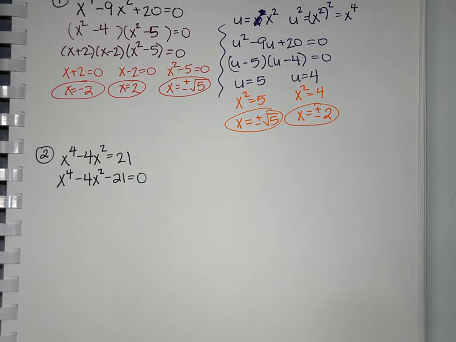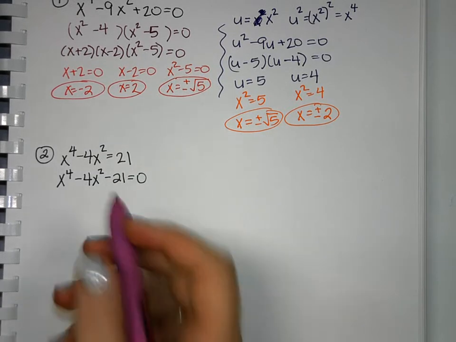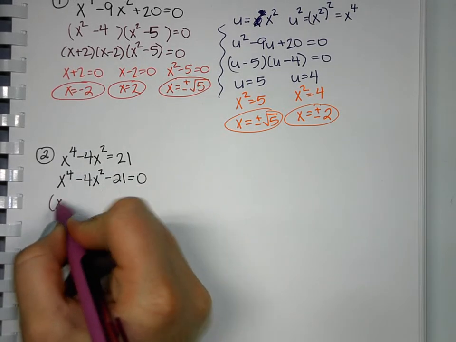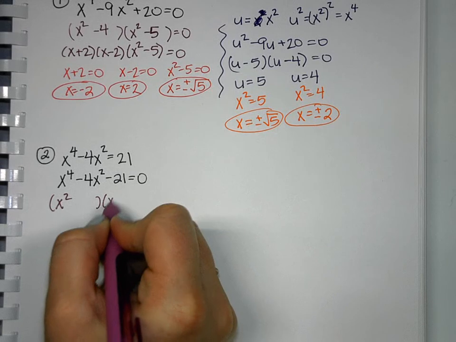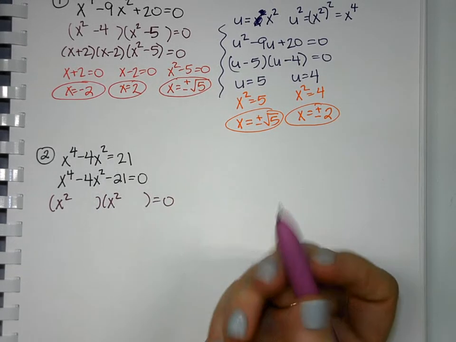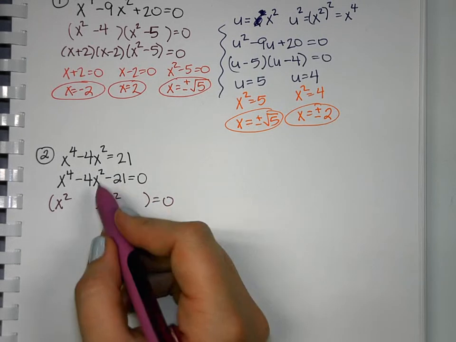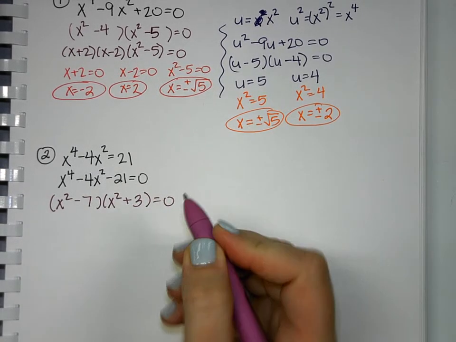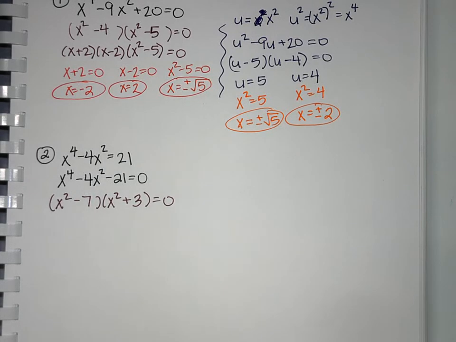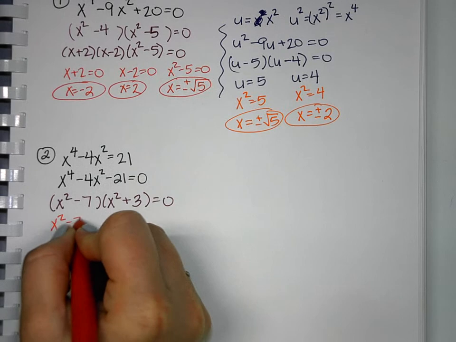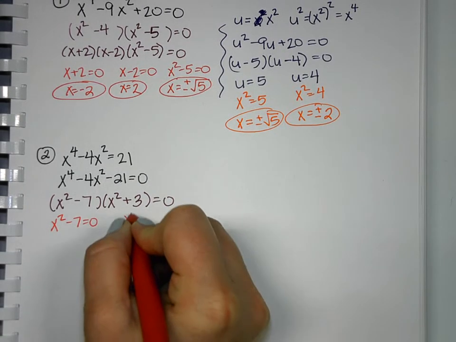Now I have something that I can factor. Again, x to the 4th, I'm going to just double bubble it. Two things that multiply to -21 and add up to -4 would be -7 and 3. Neither of those factor further. So I'm going to set each one equal to 0 so I can solve.